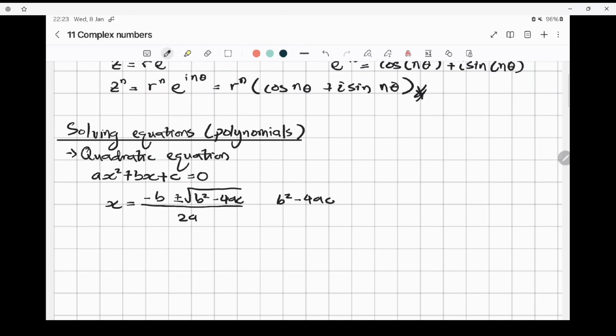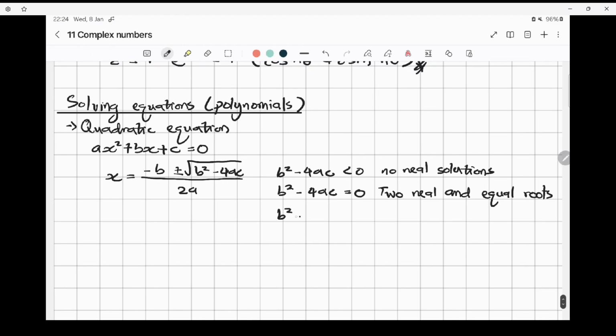And we also know from previous chapters that when b squared minus 4ac is smaller than 0, previously we said that this has no real solutions. When b squared minus 4ac equals 0, we say that this has two real and equal roots or solutions.